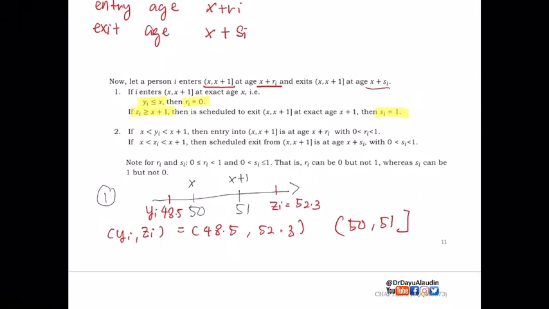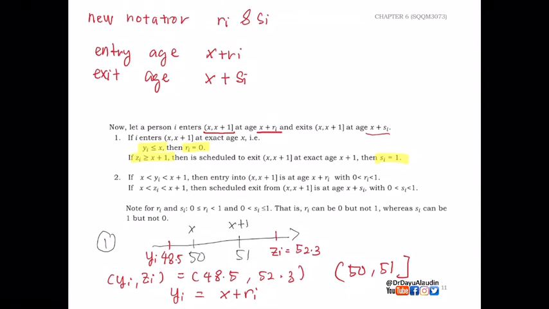How to determine ri? So ri is from the entry age, x plus ri. When yi is 48.5, x is 50. So yi is before x, so yi is less than x.